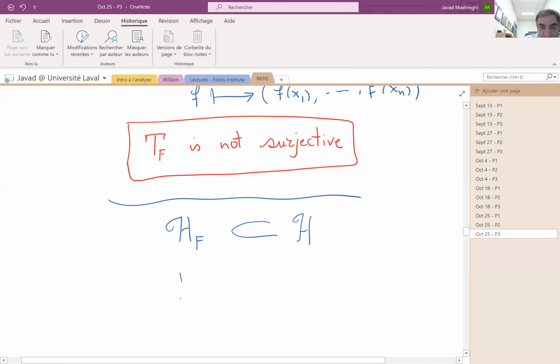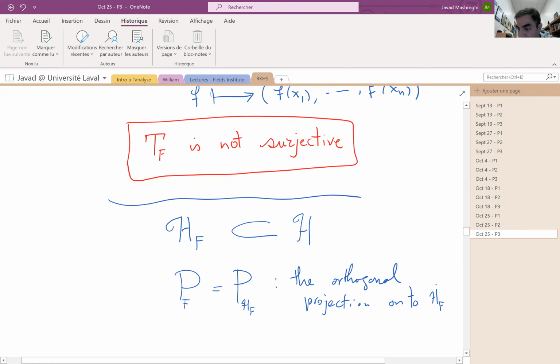So we can talk about the projection on F. Instead of writing projection on H of F, it's simpler to write P of F, but more completely, P on H of F is the orthogonal projection onto HF. I will use this.